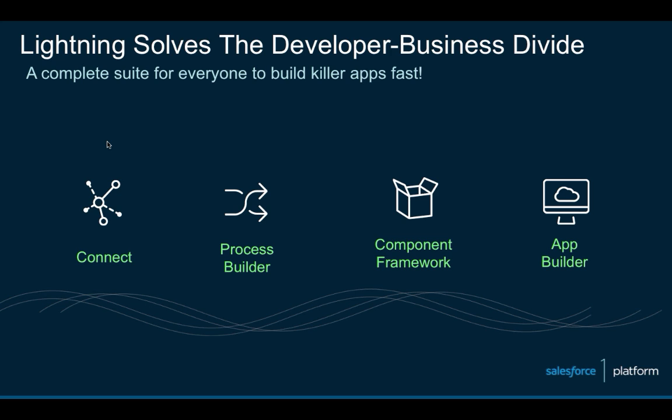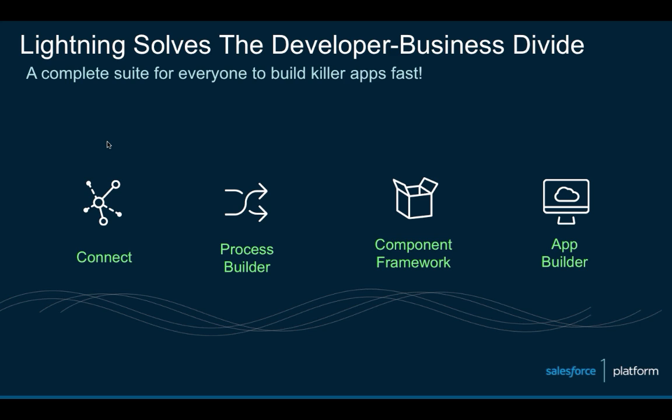For the data connection part, we've eased connecting to many data sources using Lightning Connect. Lightning Connect is based on the OData protocol or specification. The OData specification is being developed by companies like SAP and Oracle and Microsoft. Salesforce is involved in this.